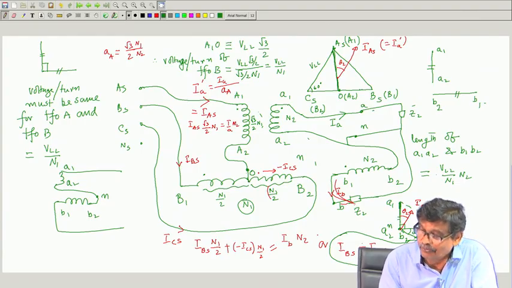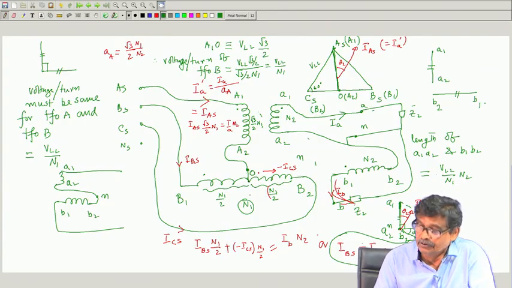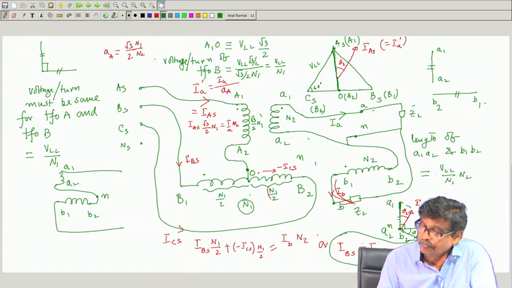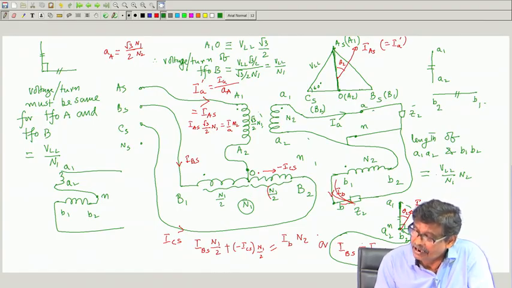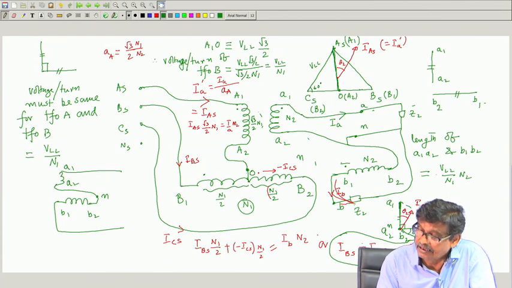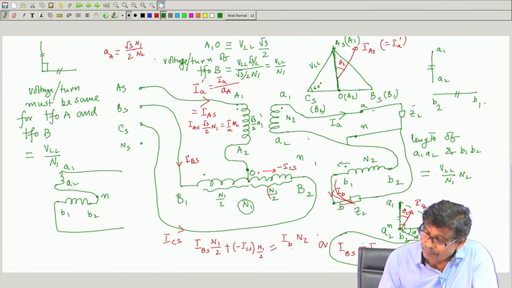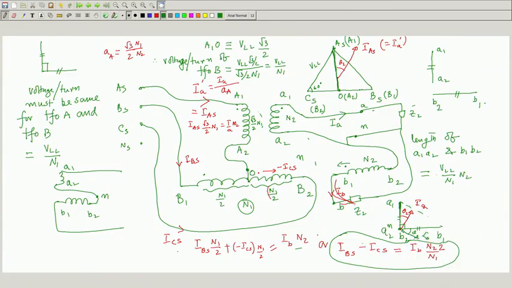But for this portion you have to be careful. The current direction I_B I have assumed like this, coming out from the dot. So I_B into N2 is the secondary side, then through the dots current must enter, and that MMF I have to calculate.